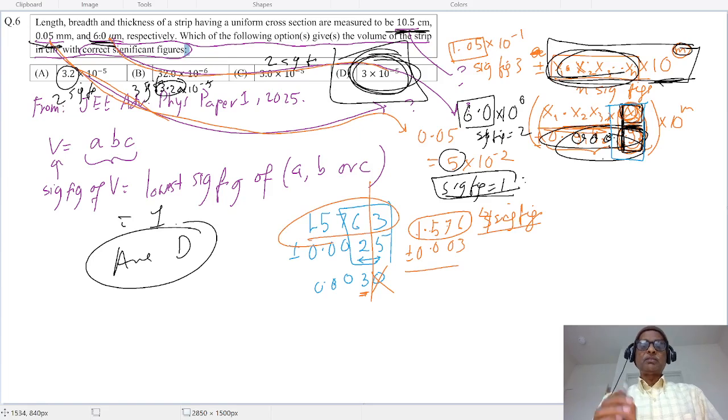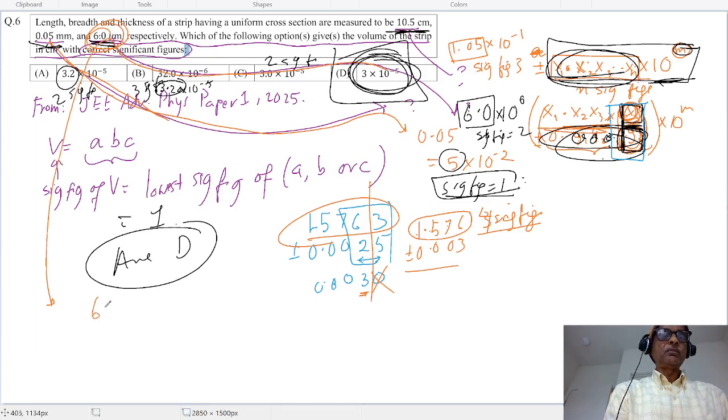So this sig fig idea is actually trying to capture how far you have to go in digits so that you hit the uncertain part. So like this guy, it looks like the 0 should be 6.0. Maybe I can just get rid of this 0. No, you can't get rid of the 0.